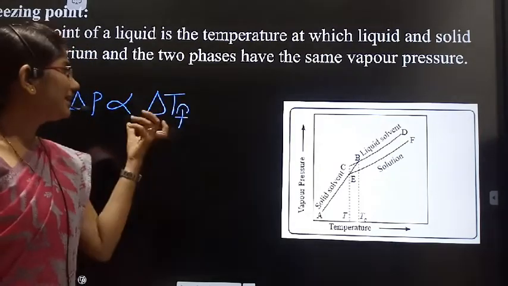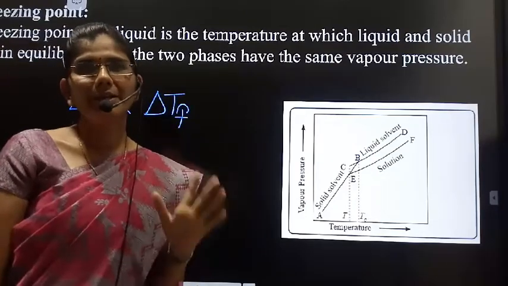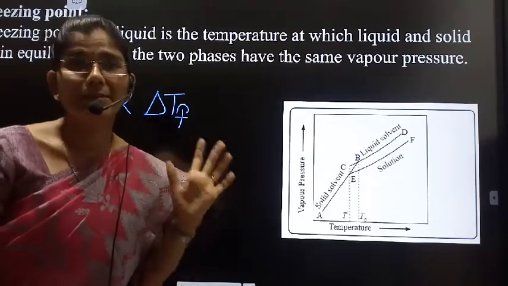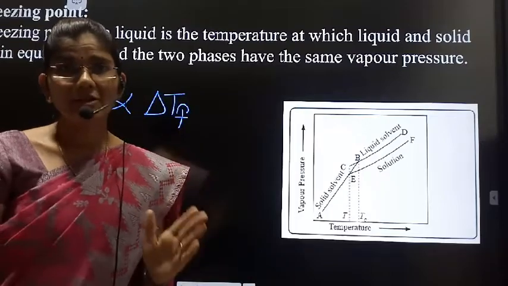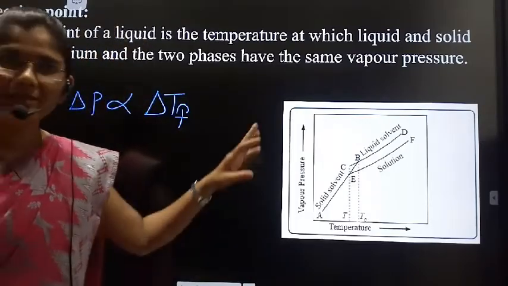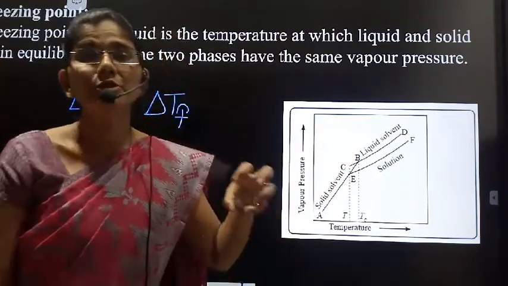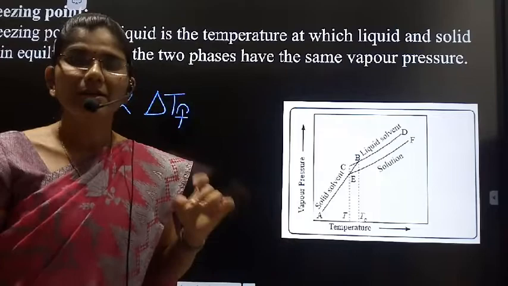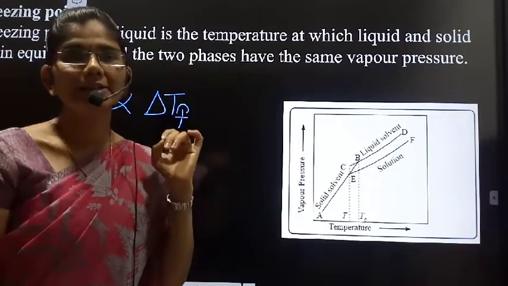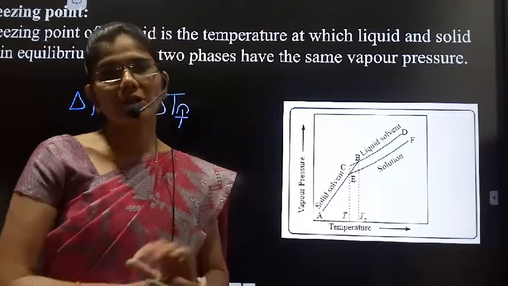What is meant by delta TF? Delta TF is called the depression in freezing point. From this graph, there is a depression in freezing point of the solution when a non-volatile, non-electrolyte solute is added to a pure solvent.